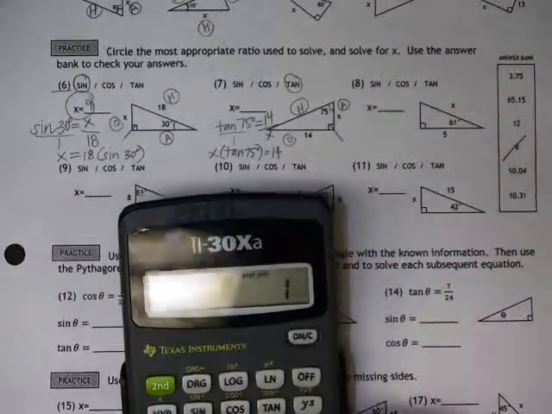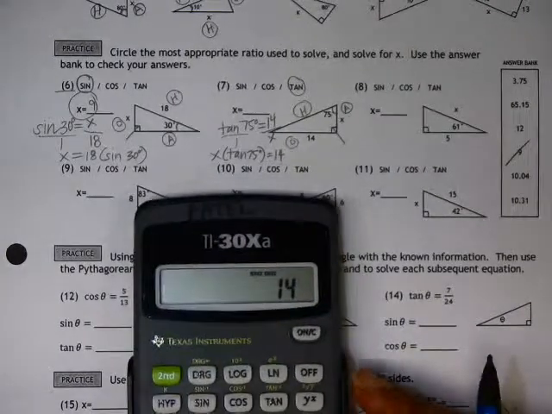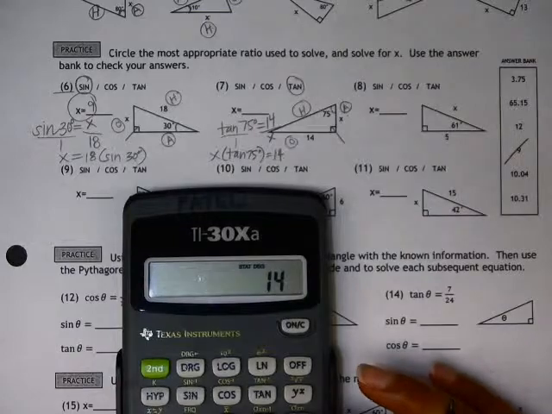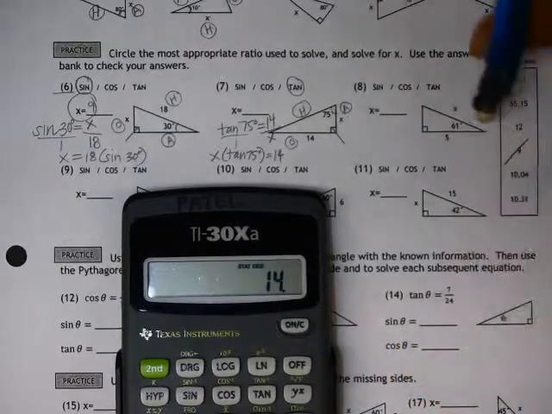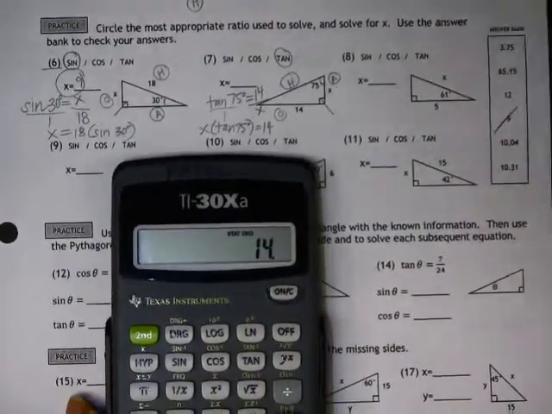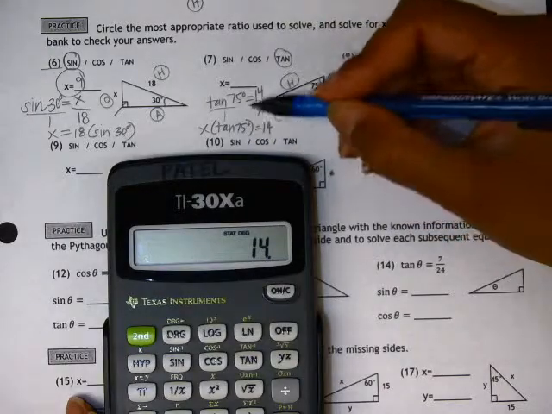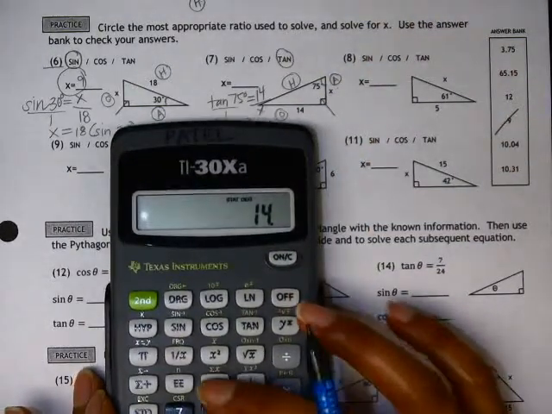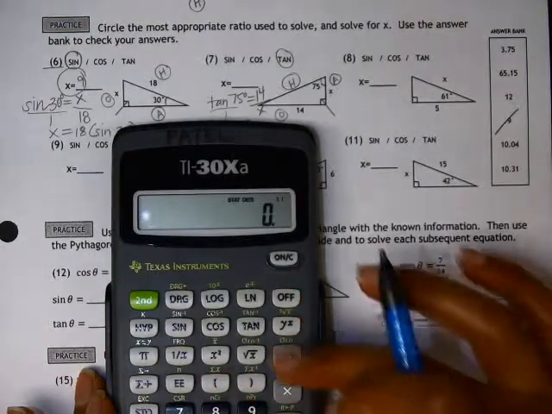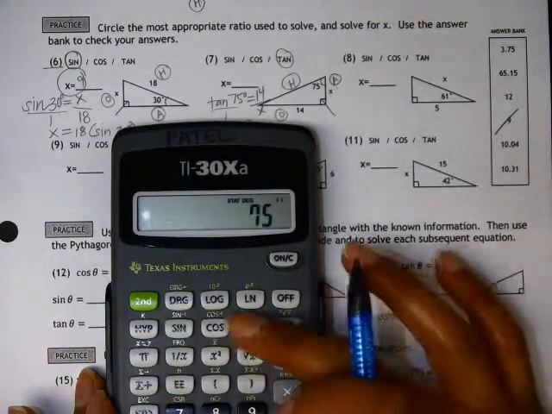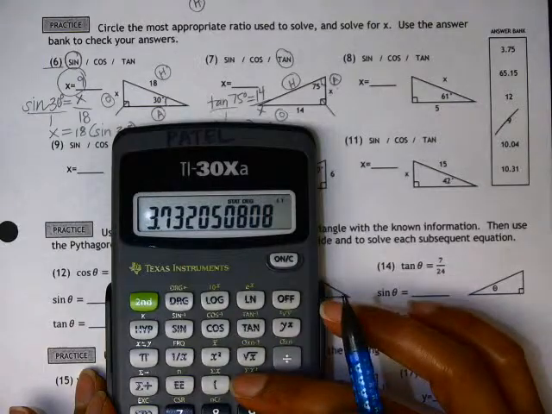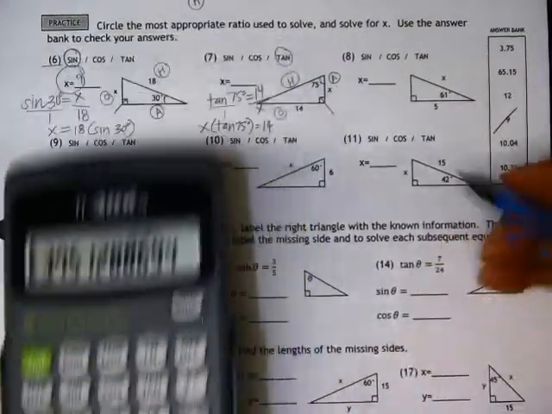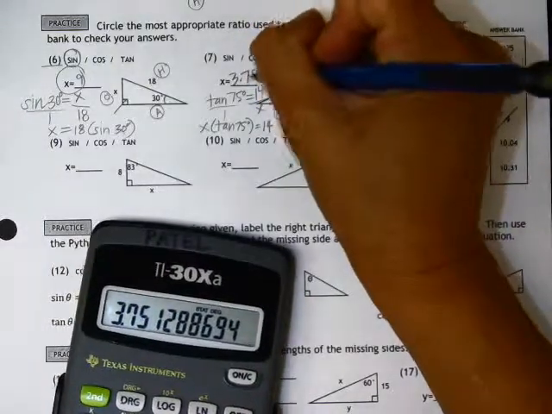If you're using a simple calculator where you would have to type the degrees first, you could type 14 divided by, make sure you put parentheses around the tangent 75 when you type it in your calculator, so that your calculator knows what to do. So parentheses, 75 degrees, the tangent of that, close the parentheses, and then press the equal sign. This should be 3.75.